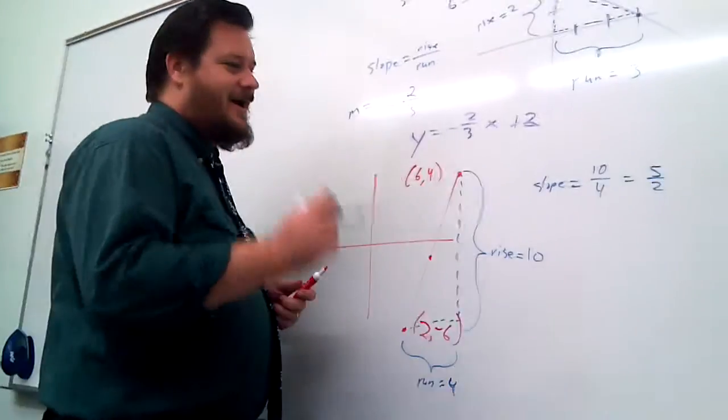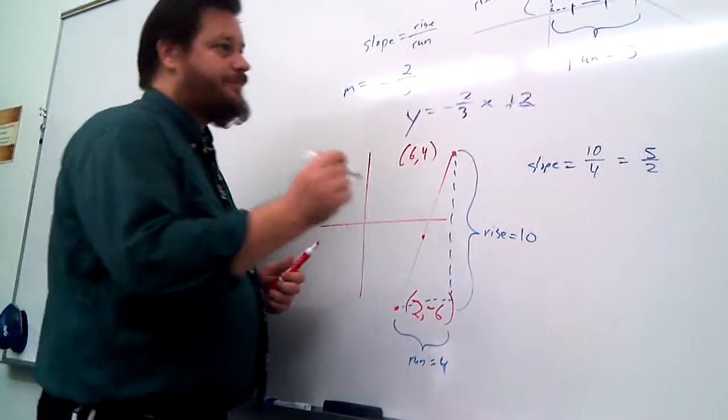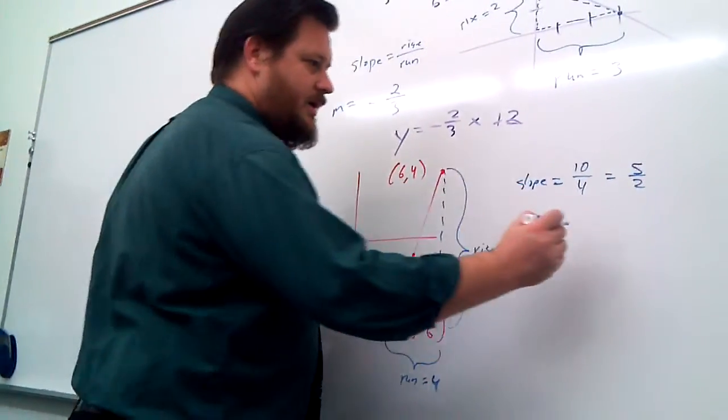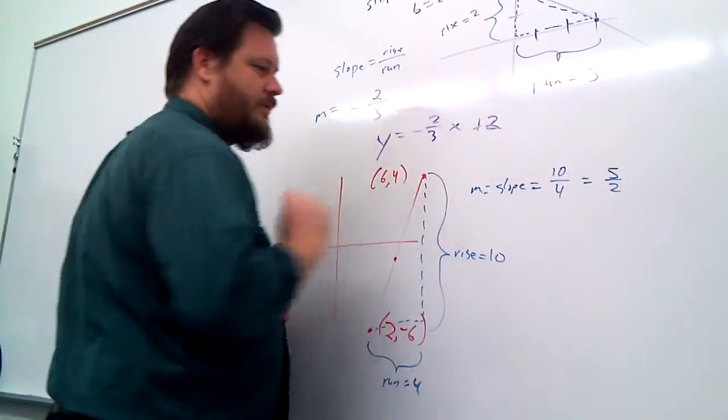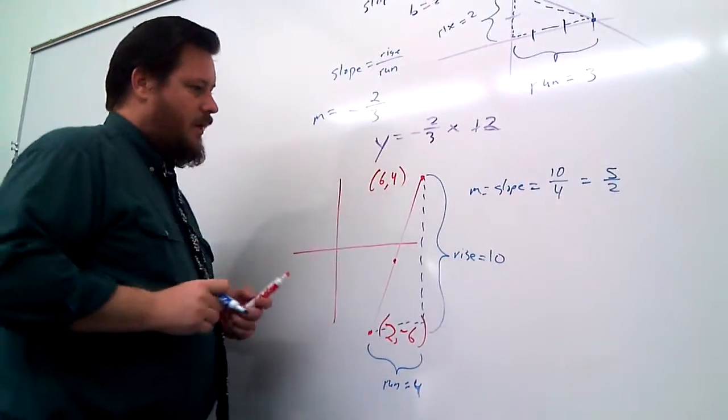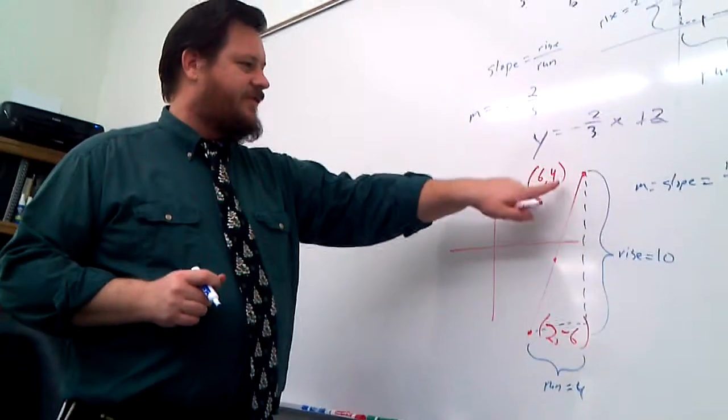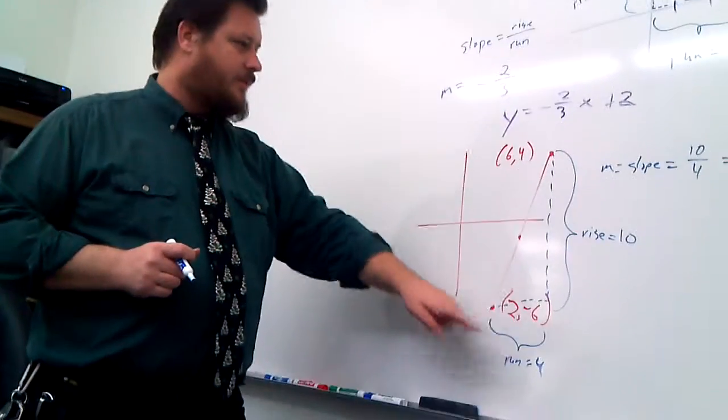All right. So here's what we do. So now we know that the slope, or m, is 5 over 2. We know the coordinates of this point and this point.